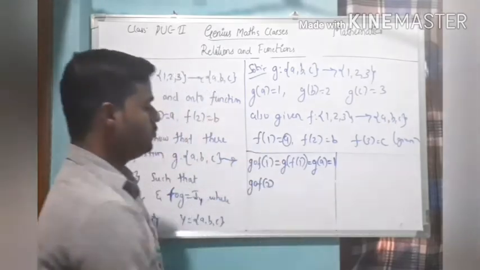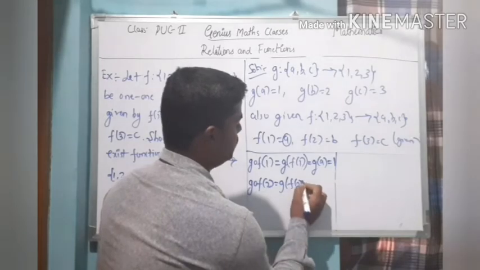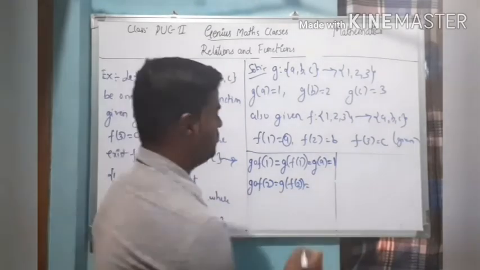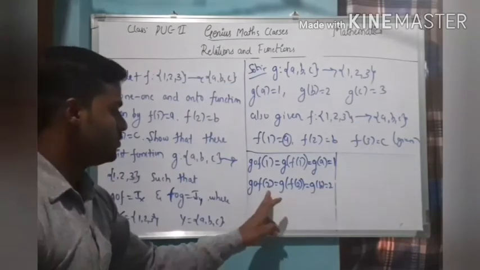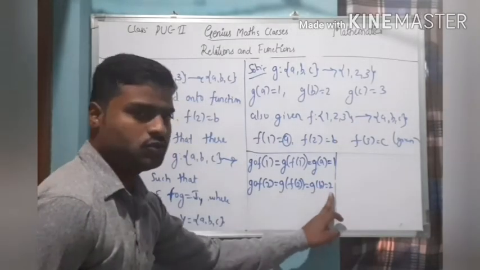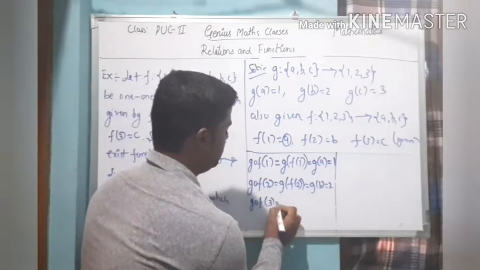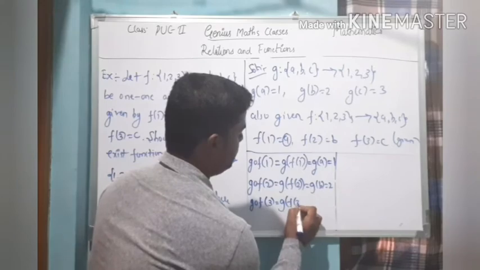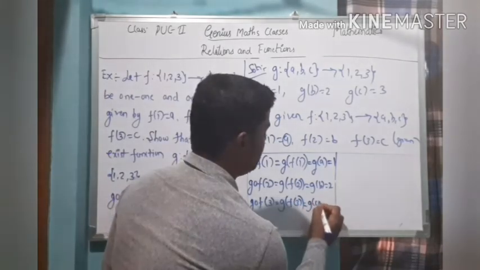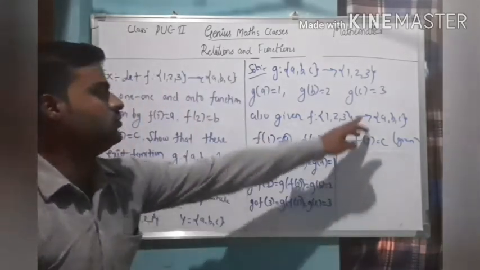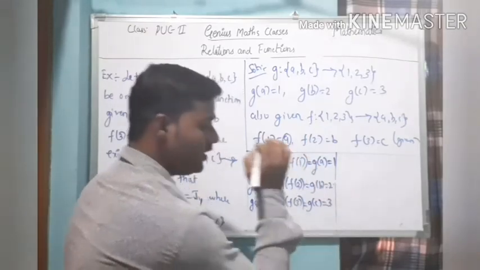g naught of f of 2 is g of f of 2. f of 2 value is b. So g of b gives 2. So 2 has the image 2. g naught of f of 3 is g of f of 3. What is the value of f of 3? f of 3 value is c. g of c is equal to 3. So by this we got the images as 1, 2, 3.